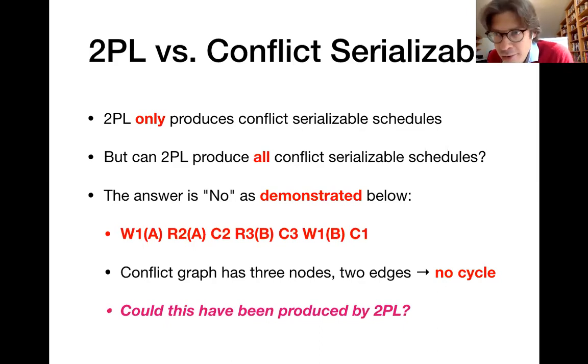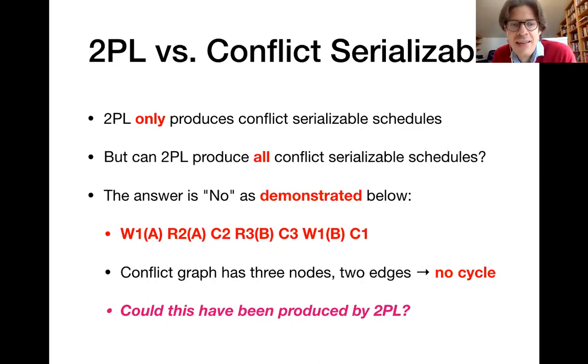The answer is no, since just before that, transaction 3 has read from object B, so obviously transaction 3 had a read lock on B at that point. So transaction 1 must have acquired the lock on B directly before the write operation.